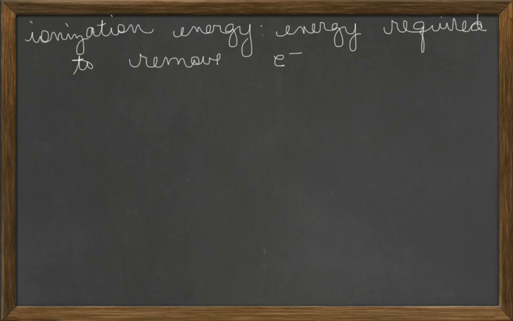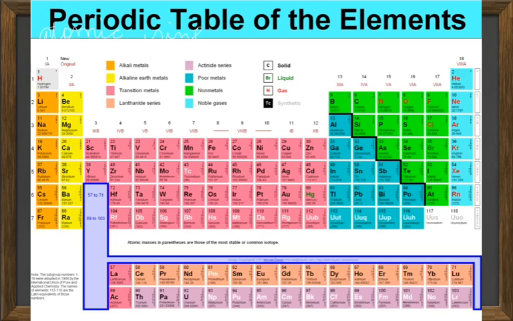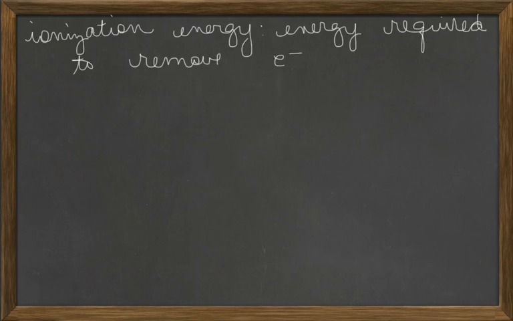Well, if we look, say, at the first group, lithium versus cesium. Which one do you think it would be easier to take an electron away from? It's easier to take an electron away from cesium. So what we say is that it decreases top to bottom.